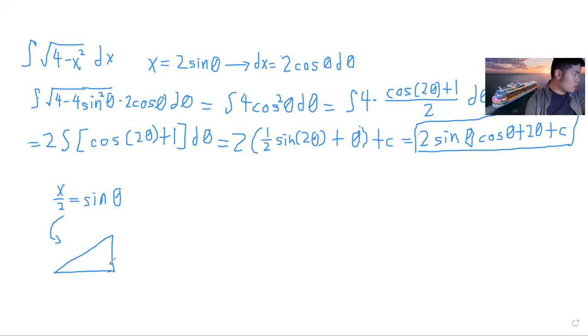Okay, so I'm going to draw this. It means it's a right angle. This is theta. And remember SOHCAHTOA, sine. So this is x. And this is 2. Now using the Pythagorean theorem, this would be the square root of 4 minus x squared.